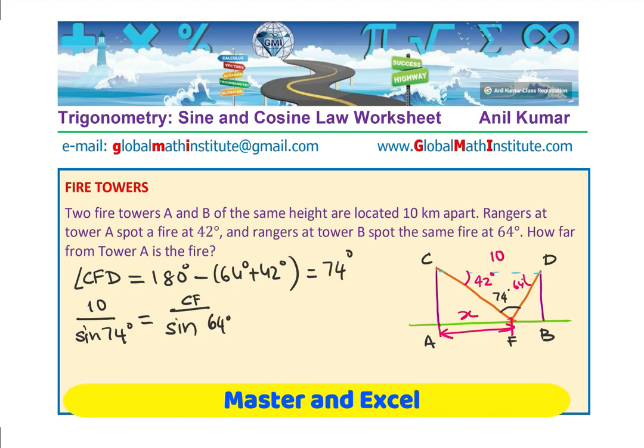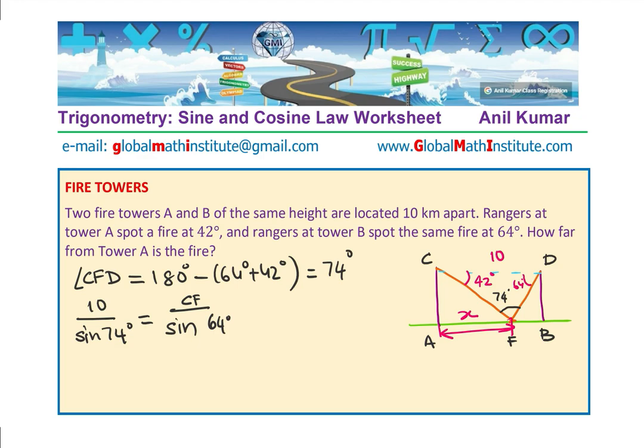The other angle, right? So with that, we get the value of CF, right? So CF is equal to 10 over sine 74 times sine 64.